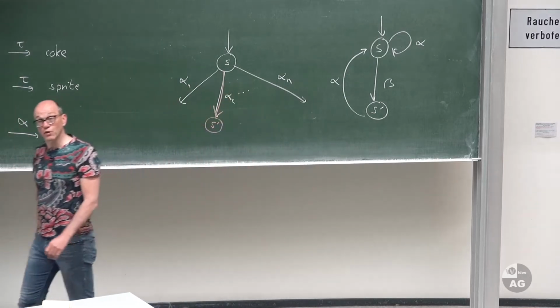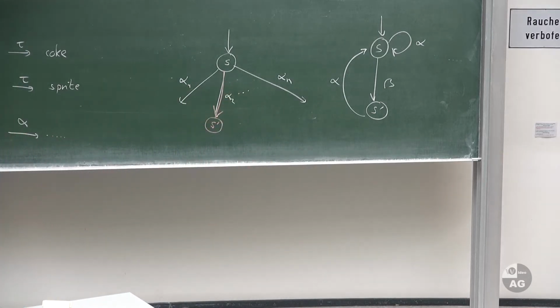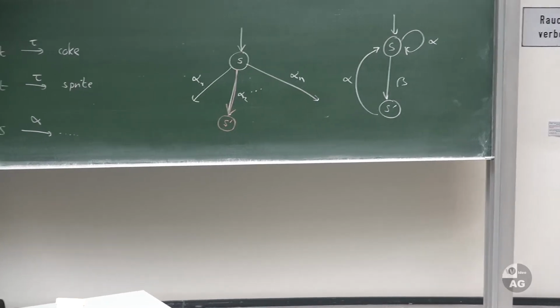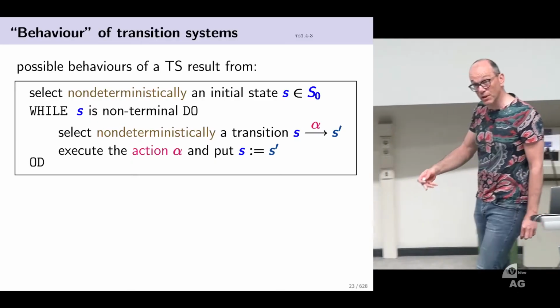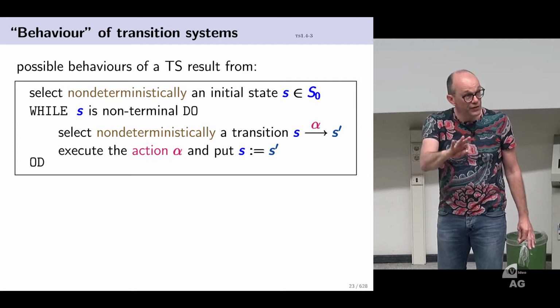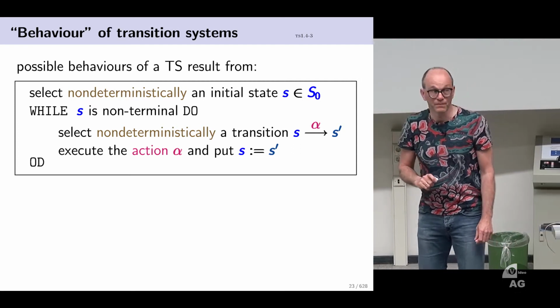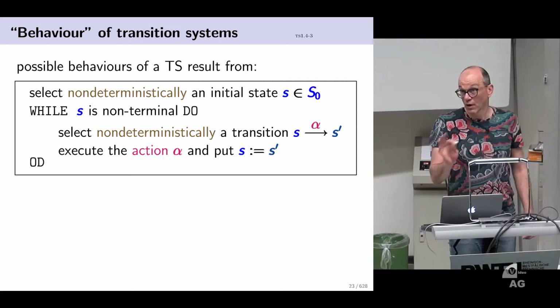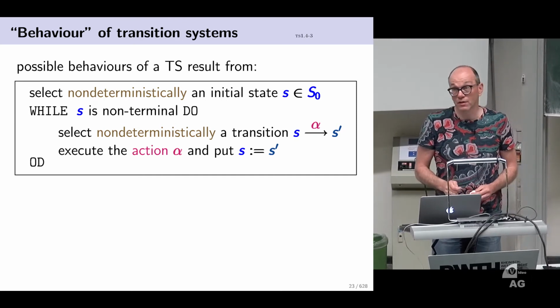Then this algorithm will not terminate, because we never reach a state that has no outgoing edges. So the behaviors of transition systems are typically infinite, unless you have a state where you cannot continue. That's also a major difference with finite state automata.